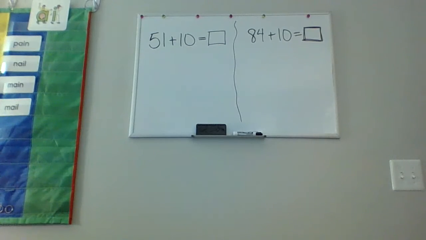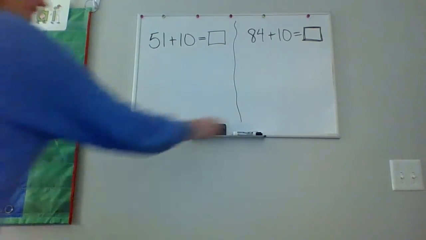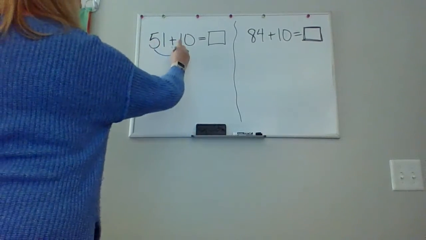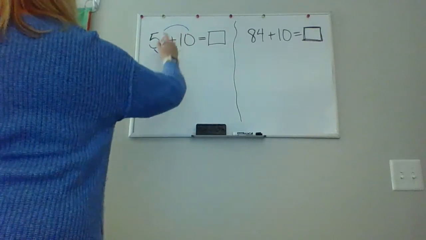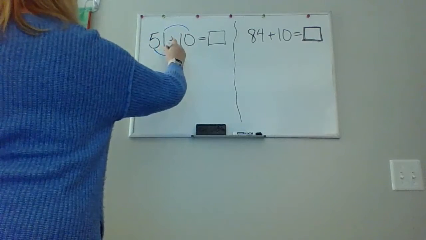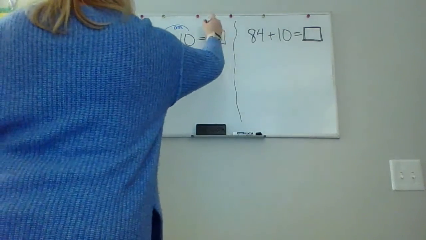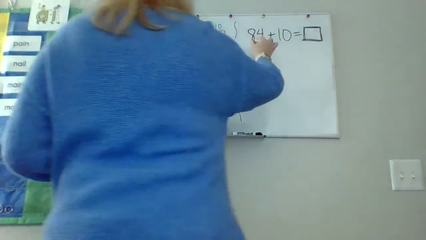Use that hundreds chart if you're confused. Don't forget our strategies. These are your tens. These are your ones. Draw your tens and ones chart. Helps you out, trust me.